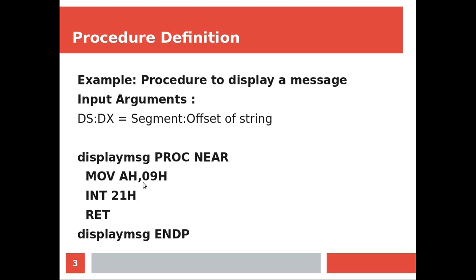We already know that this will display a string ending with a $ sign. Then return statement, this is to return to the called program. Then display message ENDP will mark the end of the procedure. That is about the procedure definition.